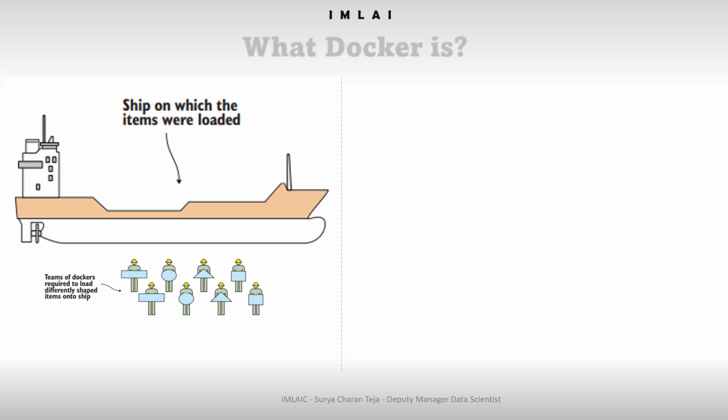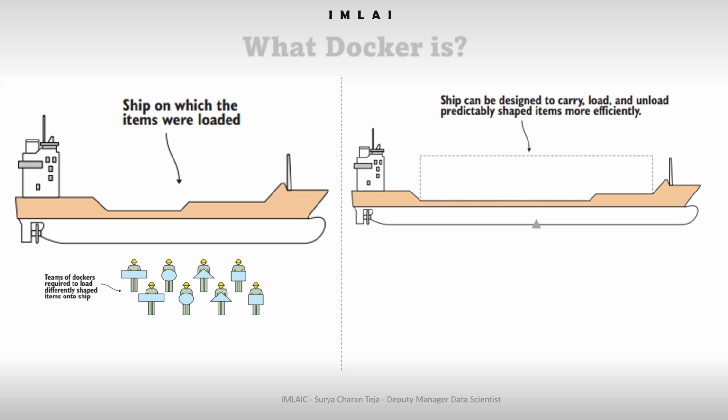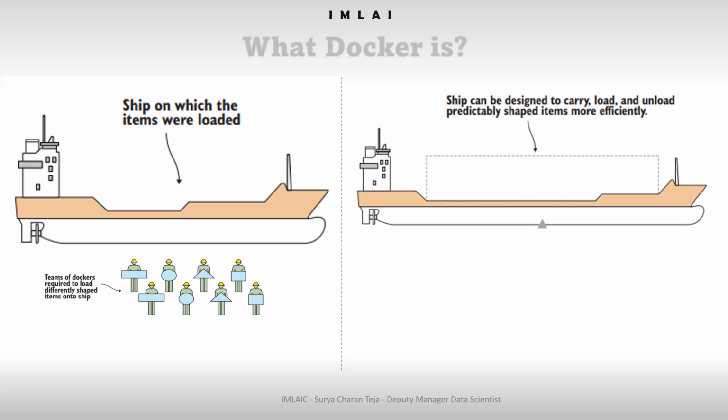So there were boxes and items of differing sizes and shapes. Experienced dockers were prized for the ability to fit goods into the ships by hand in cost effective ways.